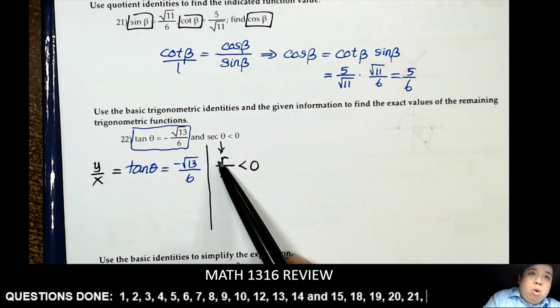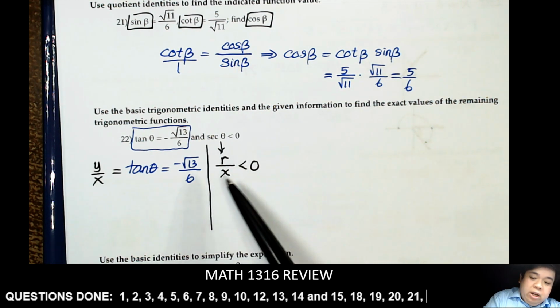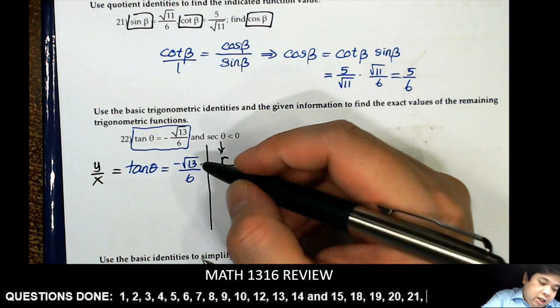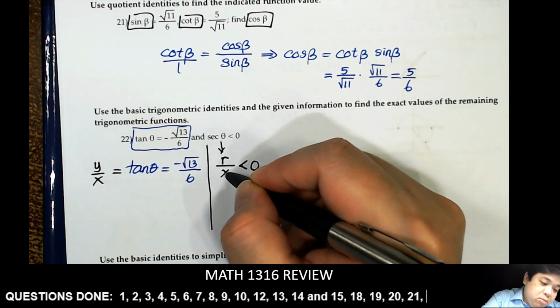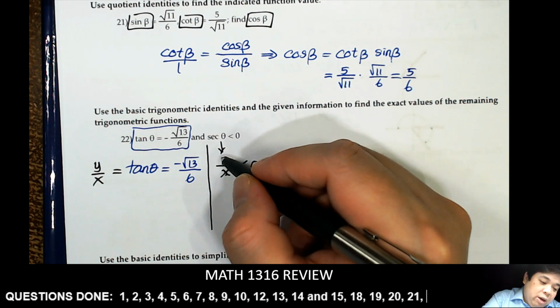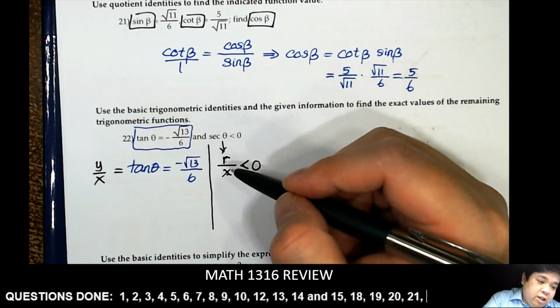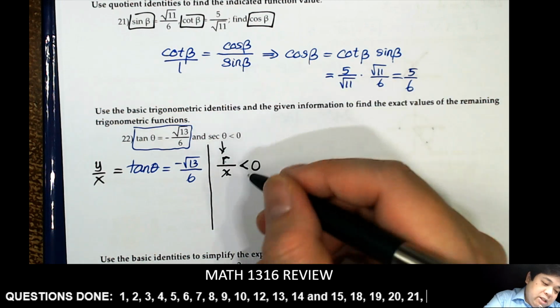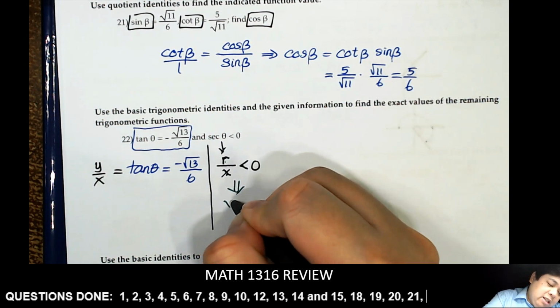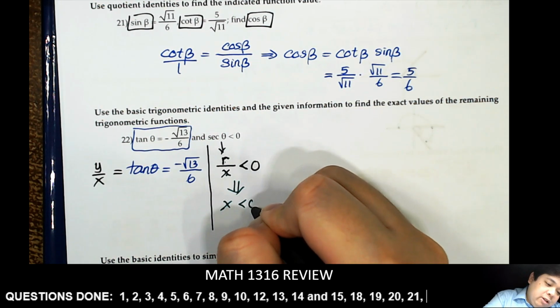And r is always positive. The only thing that can happen is x must be negative. So we have positive r divided by negative x. Positive divided by negative is negative.